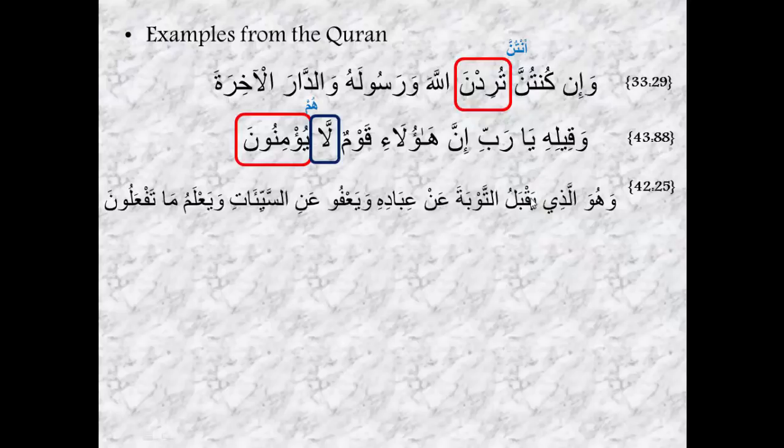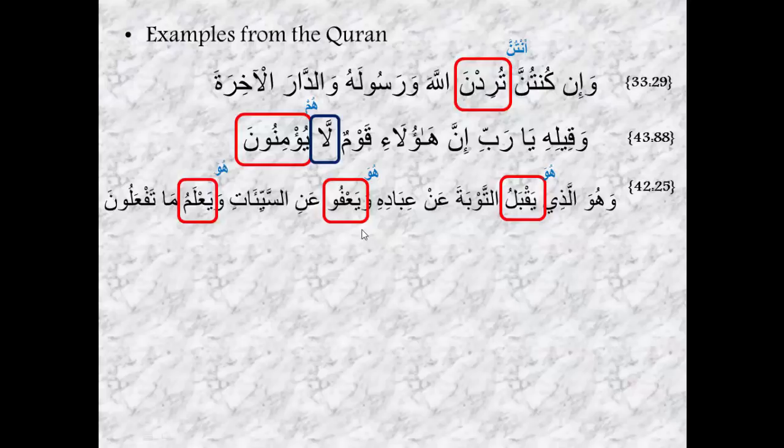وهو الذي يقبل التوبة عن عباده ويعفو عن السيئات ويعلم ما تفعلون. Here we have quite a few verbs. يقبل, يفعل, conjugated for هو. يعفو, conjugated for هو. And يعلم, يفعل, conjugated for هو.